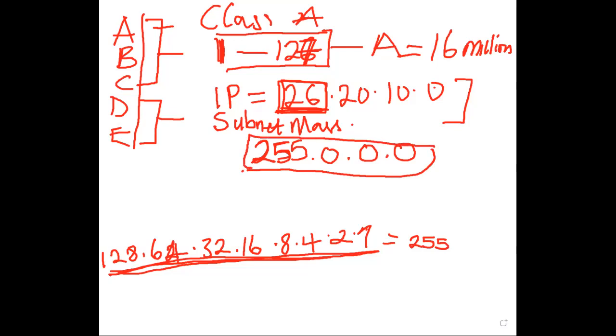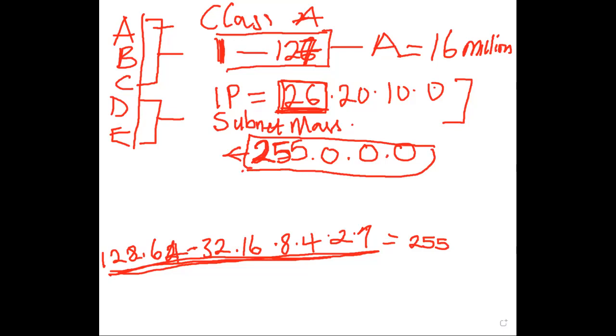Now, this means that when we are transcribing this into binary, all of the first octet is filled. Why we are saying the first octet is filled is because these bits, when added up, make up 255.